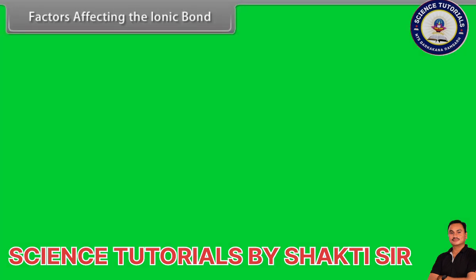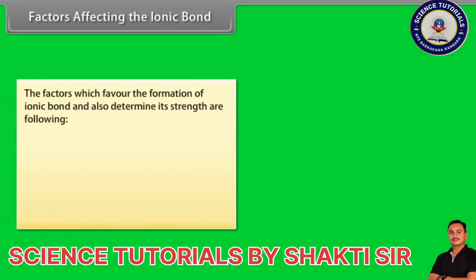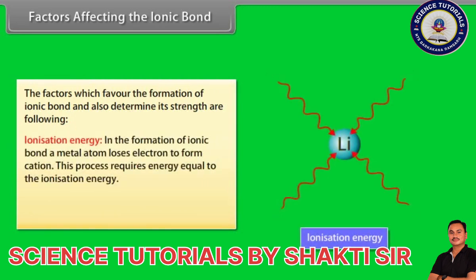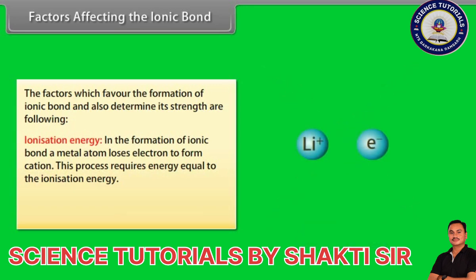Factors affecting the ionic bond. The factors which favor the formation of ionic bond and also determine its strength are the following. Ionization energy. In the formation of an ionic bond, a metal atom loses an electron to form a cation. This process requires energy equal to the ionization energy.